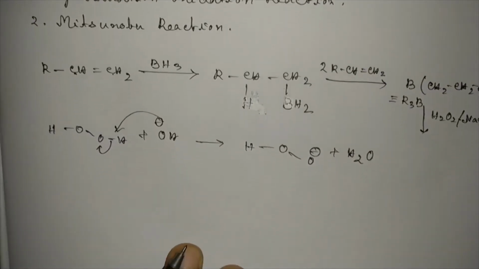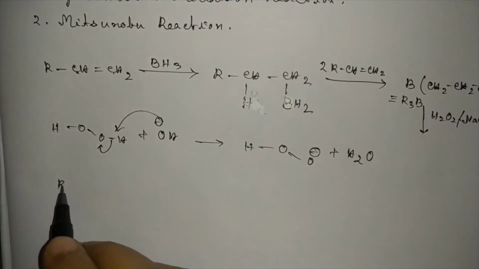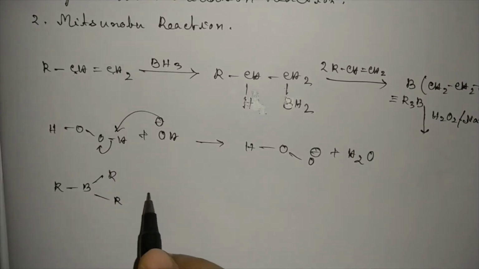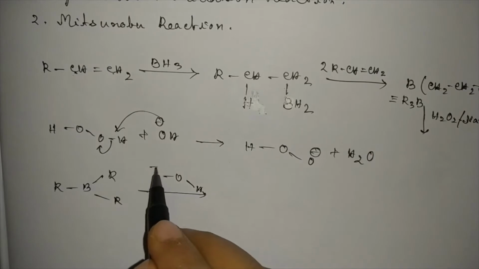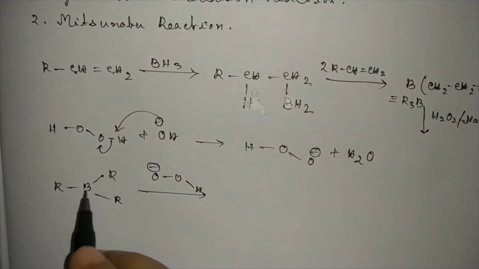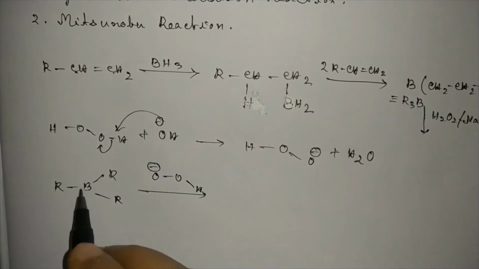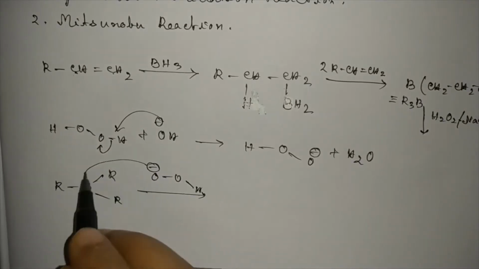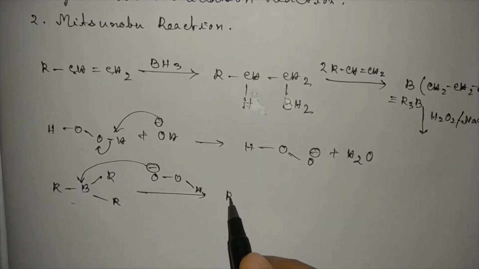This hydroperoxide ion will attack this electrophilic boron, because it is electrophilic as it has 6 electrons.